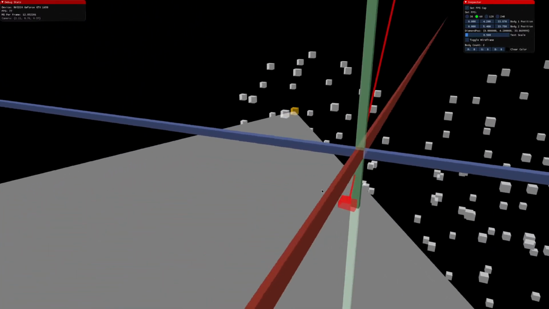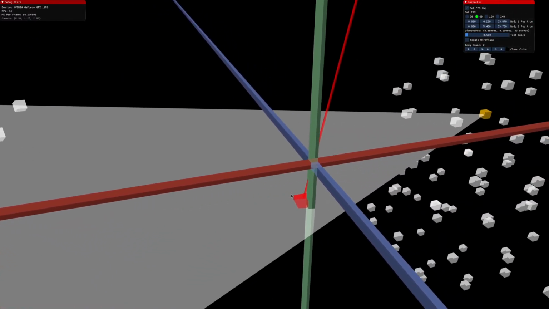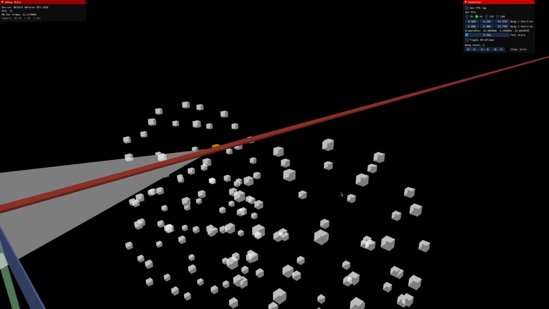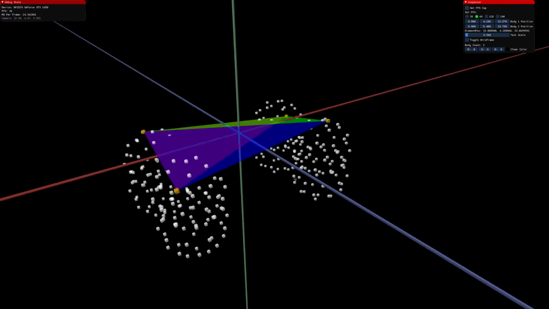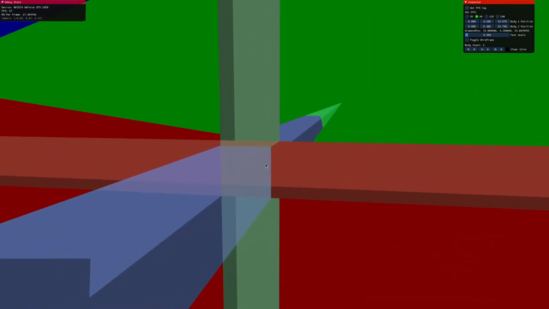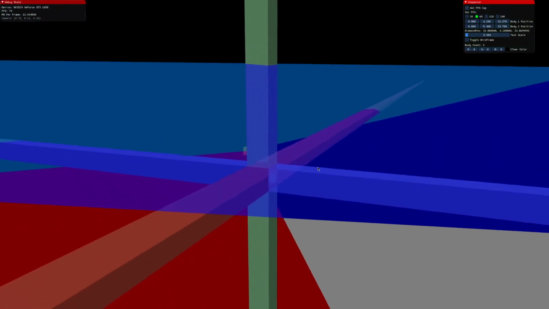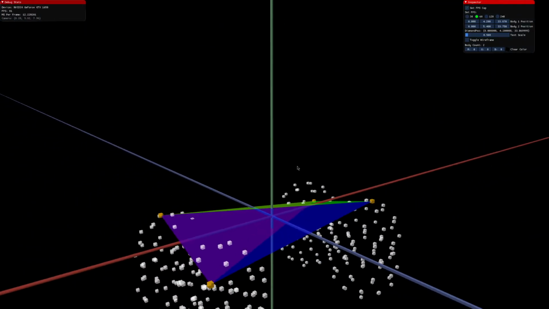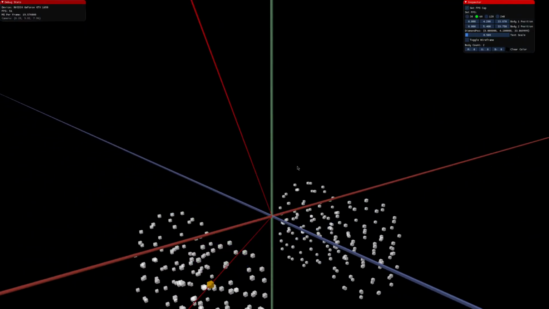The origin is not on the line, so this becomes a tetrahedron. So the fourth point was this, right? So we got a tetrahedron, and now as you can see, the origin is inside the volume of this tetrahedron, right? So the origin is inside the Minkowski difference, and that's what we wanted, right?